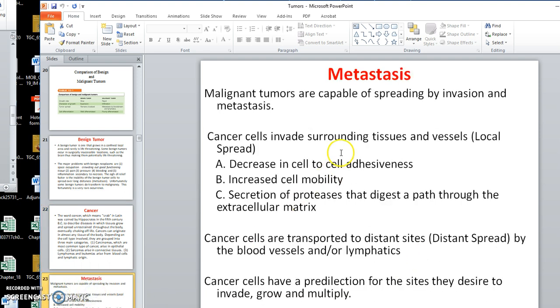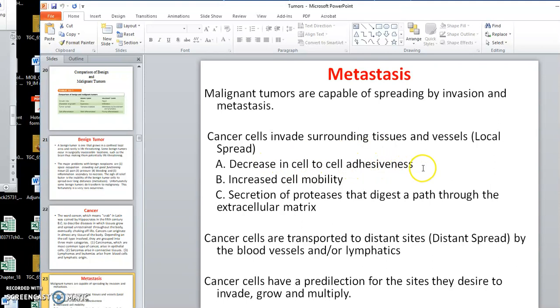We mentioned metastasis. Metastasis is a situation where the tumor can spread to distant sites or even adjacent sites. They can invade surrounding tissues and vessels, so that's the neighboring site.